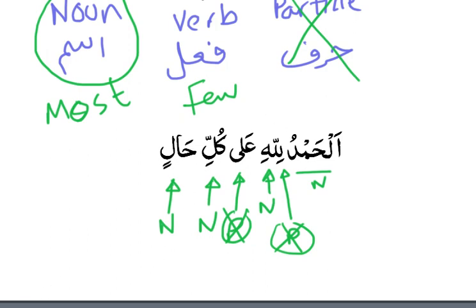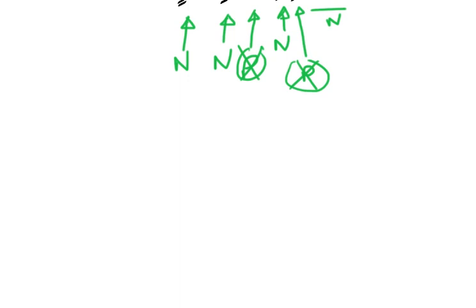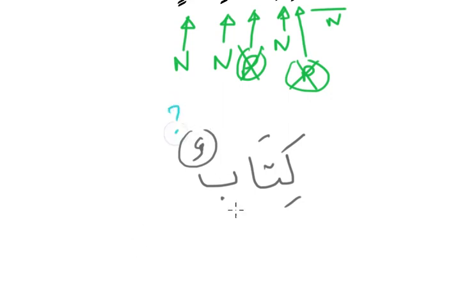So let me just move the page down. So let's just take the word kitab. Okay, this is a noun. So we're going to be dealing with nouns mostly at the moment. So we have the word kitab, and at the end of it, it's bun. Now, what makes this vowel at the end of the word change?